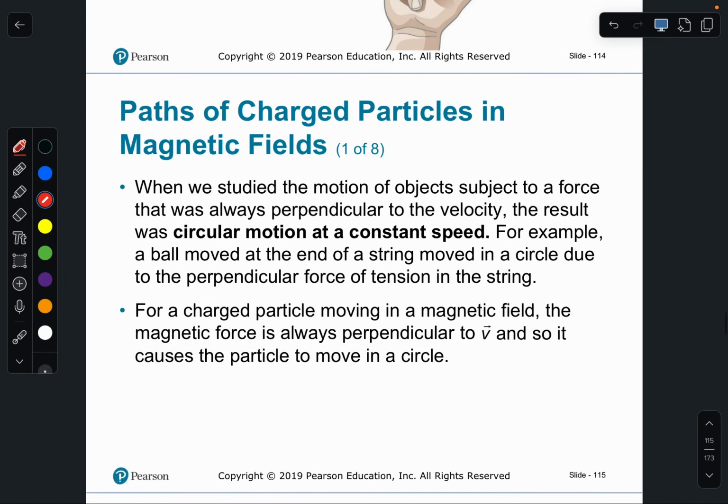So it's going to be moving in circular motion, and the speed is going to be constant. Why is it going to be constant speed? Because the force acting on it is constant. The sum of all forces acting on the particle is only the magnetic force, which is QVB sine of the angle between.